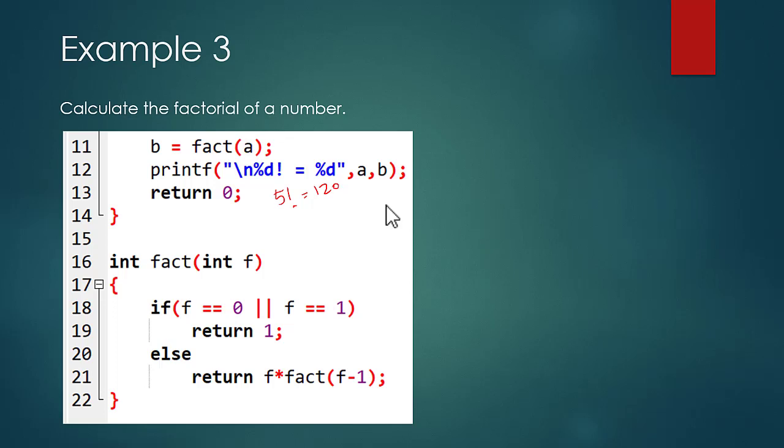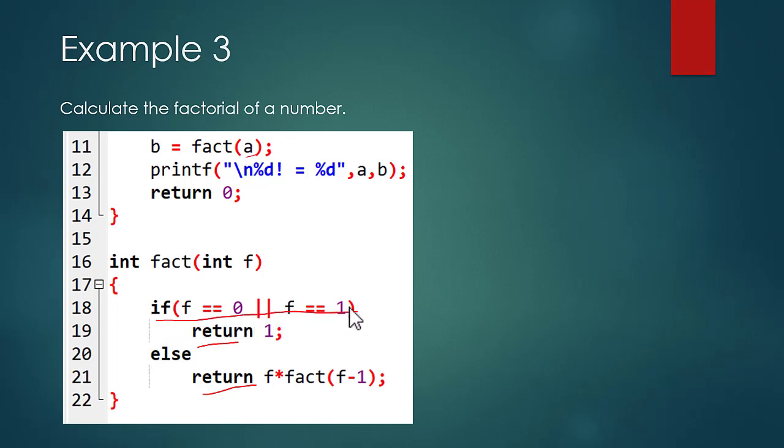So the user is giving the value for a, and we are calling the fact function with the actual argument, which is a, and that actual argument will be copied into the formal argument. You can see that there are two return statements, and this condition will be my base case, or the terminating condition.